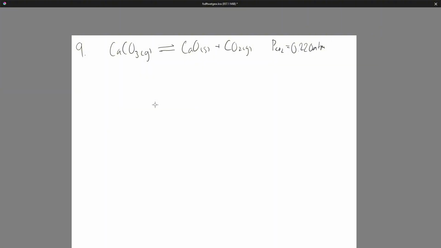If an additional 0.275 atmospheres of CO2 gas is added, what is the total mass of calcium carbonate after equilibrium is once again established? Okay, that was a lot.